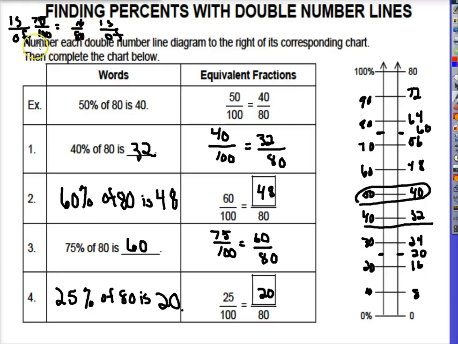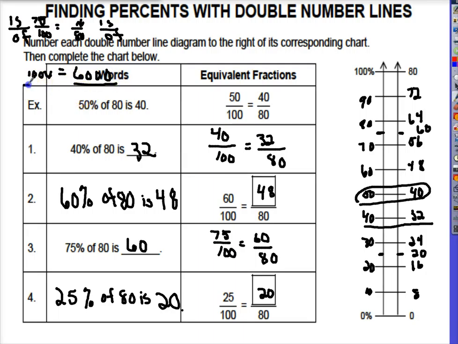And then you cross multiply. You would have 100x equals 75 times 80, which is going to be 6,000.